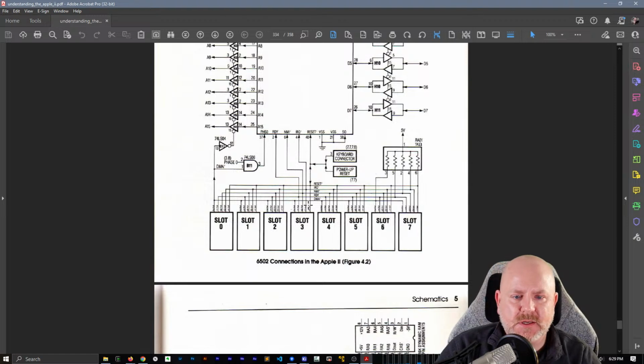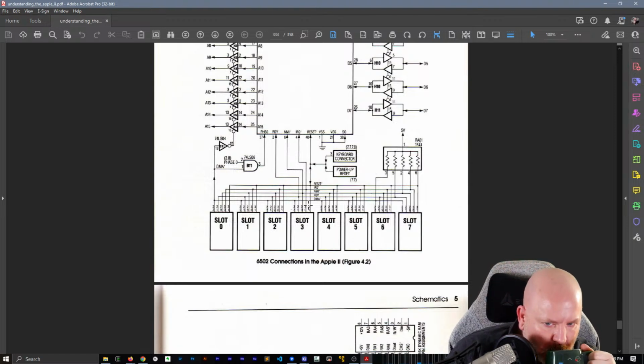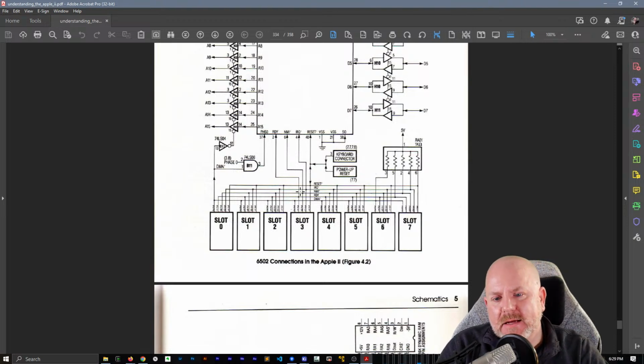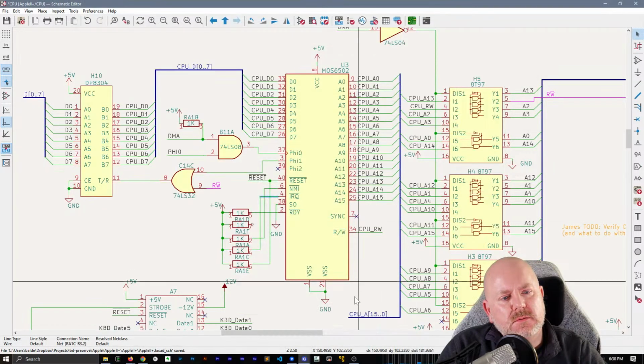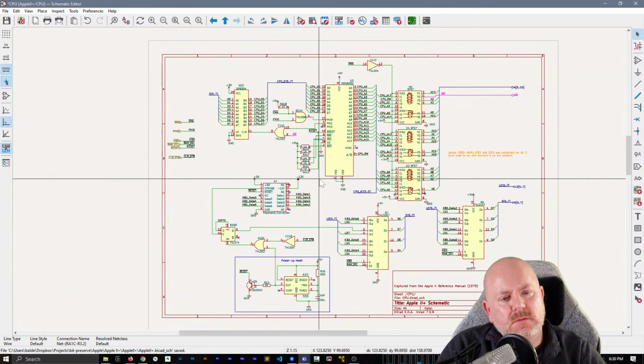So that should be leaving the... That's weird. All of these. I thought these were slot signals. So why don't they have IRQ leaving here?